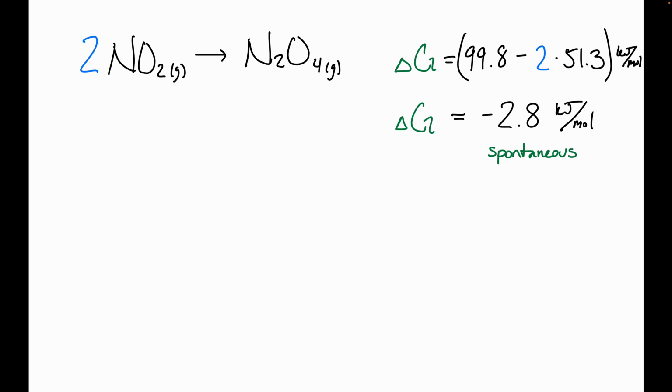All right, if we look carefully at the math that we did here to calculate our delta G, we could have calculated our delta G by going to that constants page and simply taking the sum of the delta G of all of our products multiplied by their stoichiometric coefficient.